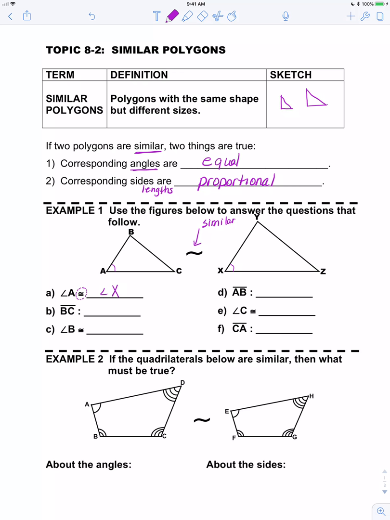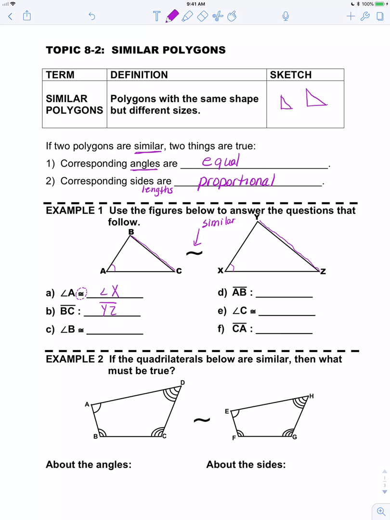But then if we say this is line BC right here, it would be proportional to which line on our other triangle? Well, it's going to be the one that's in the same spot, Y to Z. And so we would write YZ with a line over it, showing it's the line.